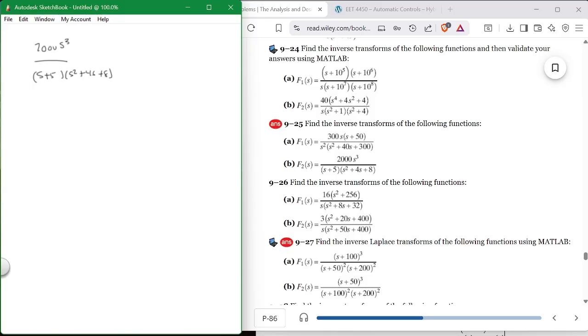All right. Let's just do 25a. I did 25b. Let's just do 25a. Okay, this one is the first one. Forget about this.